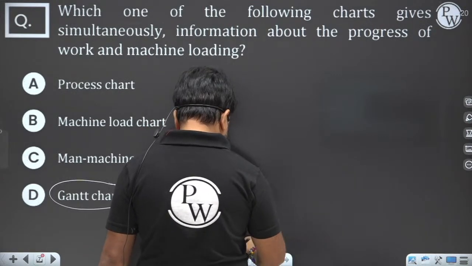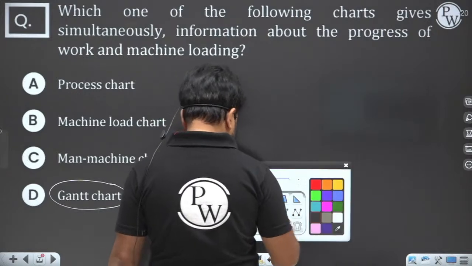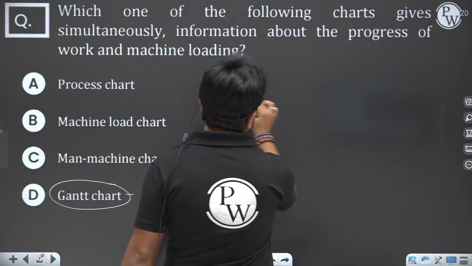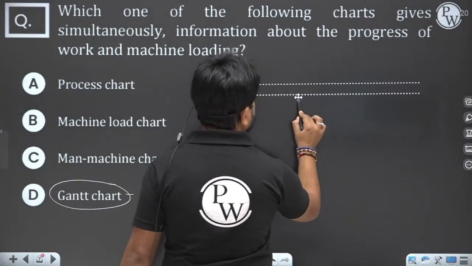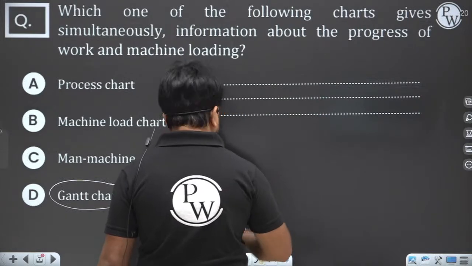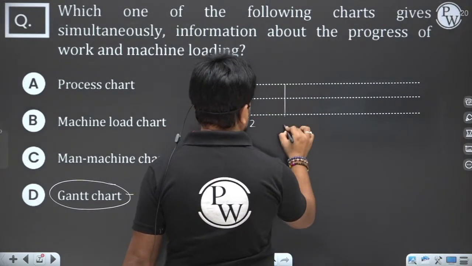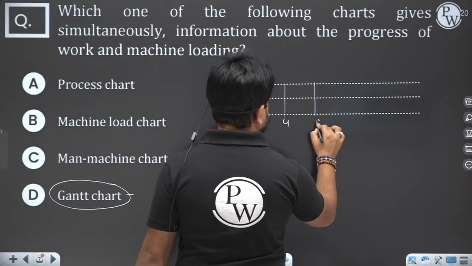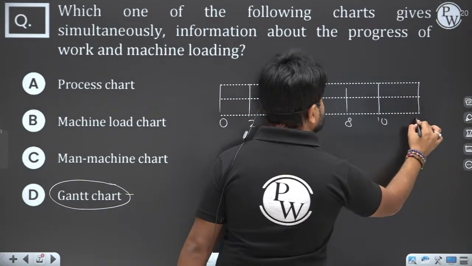Let me explain. Suppose that you are making a Gantt chart. You have divided the axis 0, 2, 4, 6, 8, 10 and this is 12.